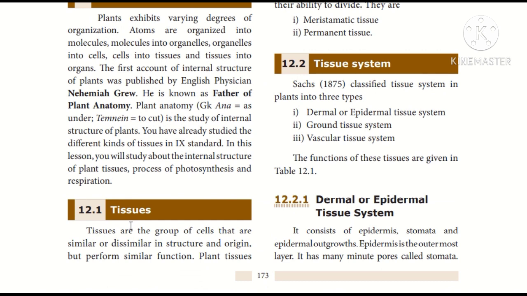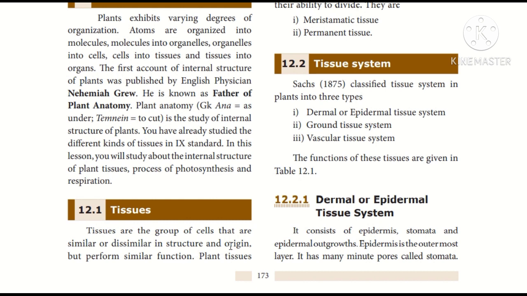A group of cells combine to form a tissue. The cells may be similar or dissimilar in structure and origin, but functionally a tissue is similar.